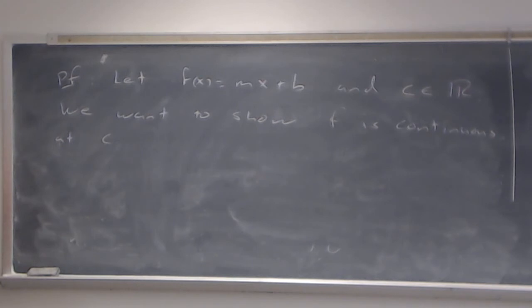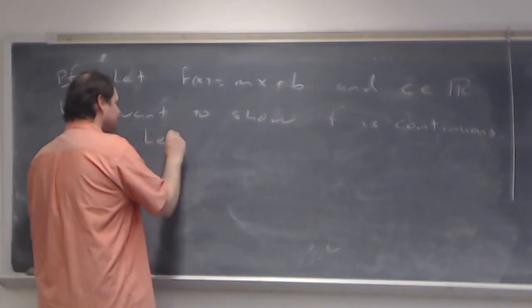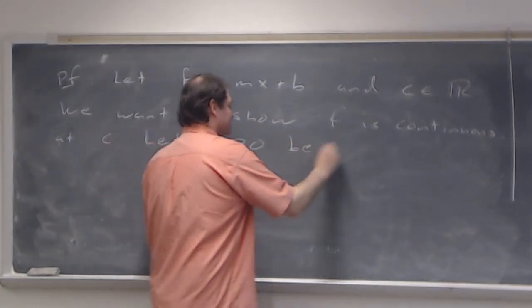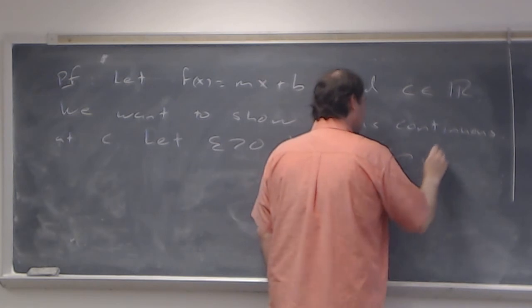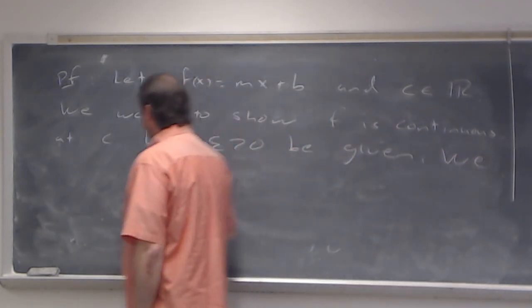I'm going to use the definition. What's the definition start with here, Chuck? That we use for a proof here, for continuity. Let epsilon be greater than 0. That's right. What do we need, Chuck? Delta. That's right.